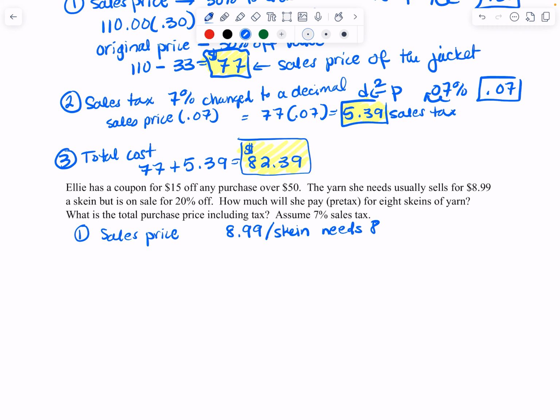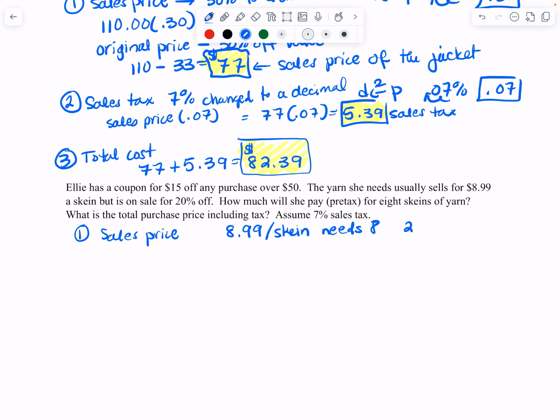So I'm going to find that total price. Or, in most stores, they take 20% off per skein, like if you look on the receipt. So that's what we're going to do. Let's find out how much this skein is going to cost when it's on sale for 20% off.